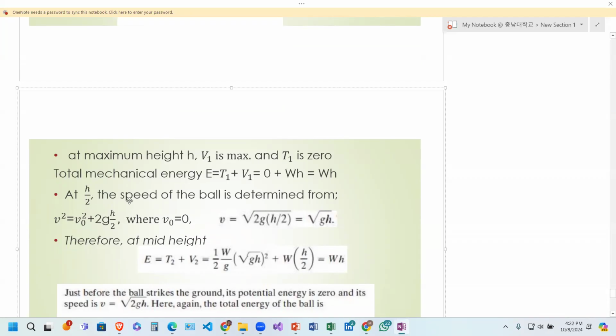At h over 2, the speed of the ball is determined from v squared equals v naught squared plus 2gh, because we know the acceleration due to gravity.